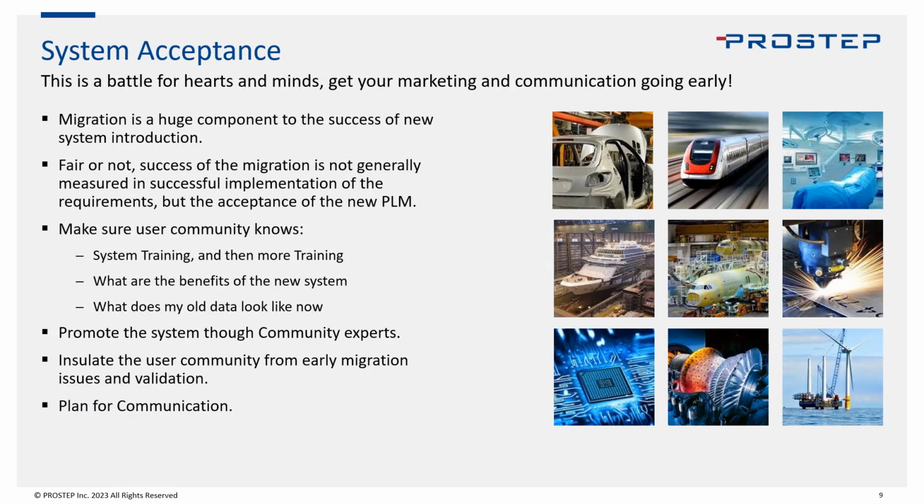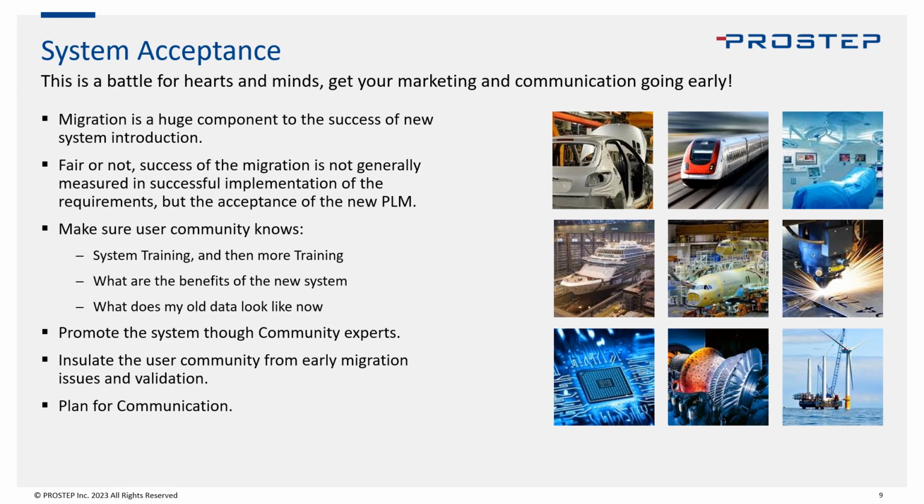And with that, and really the final component to risks and PLM migration is the system acceptance. So this is probably the most important part of it. Migration is a big component of system acceptance, making sure that the data is correct, making sure that the users are happy within the system.